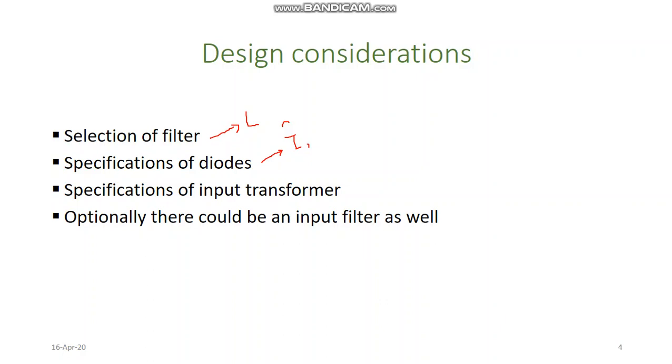Also, we need to consider the ratings of the transformer that we will be using for a particular load and filter type. And similarly, we can also consider an input filter.